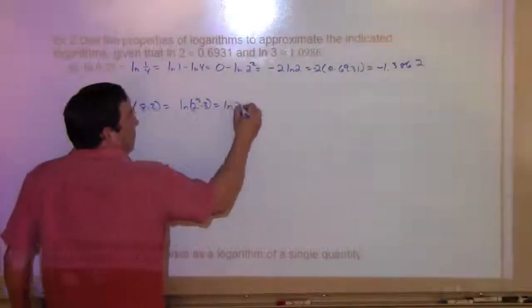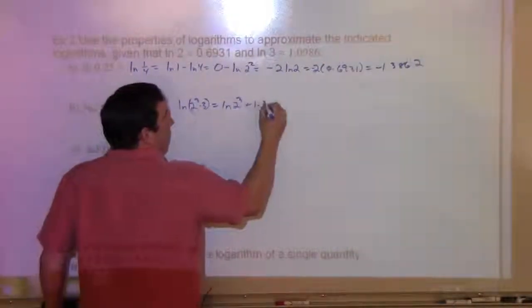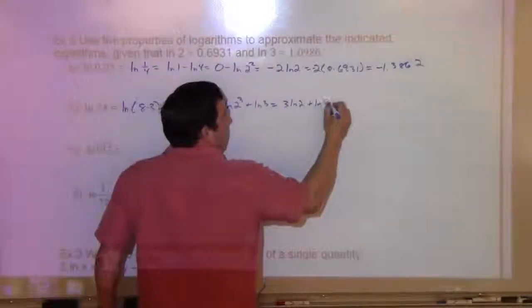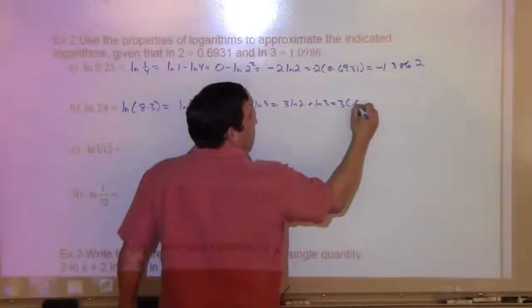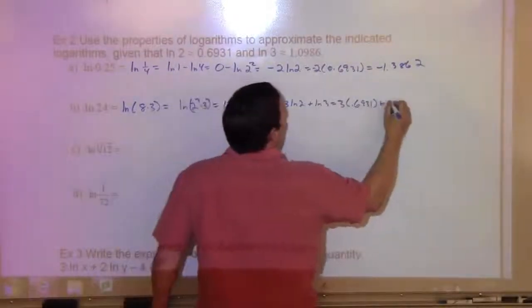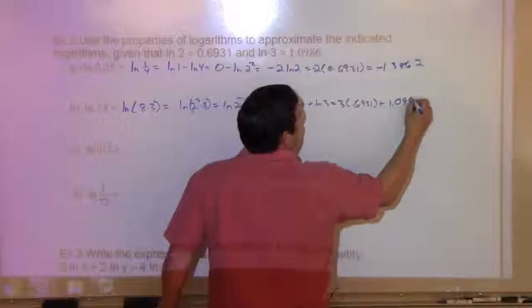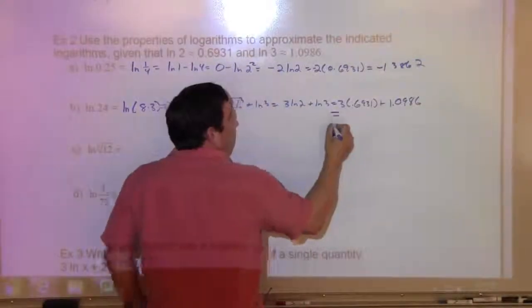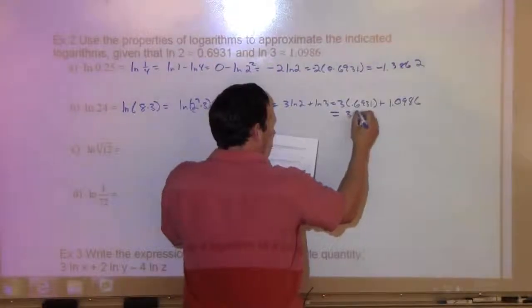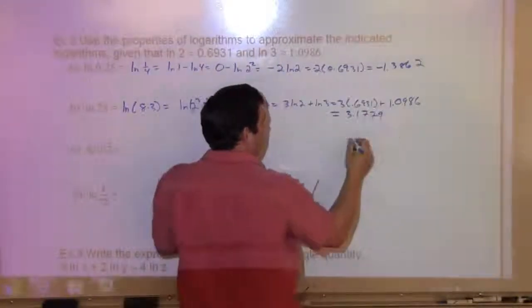That's natural log of 2 cubed plus natural log of 3. That's 3 times the natural log of 2 plus natural log of 3. That's 3 times 0.6931 plus natural log of 3, which is 1.0986. And what do we get from that? 3.1779.